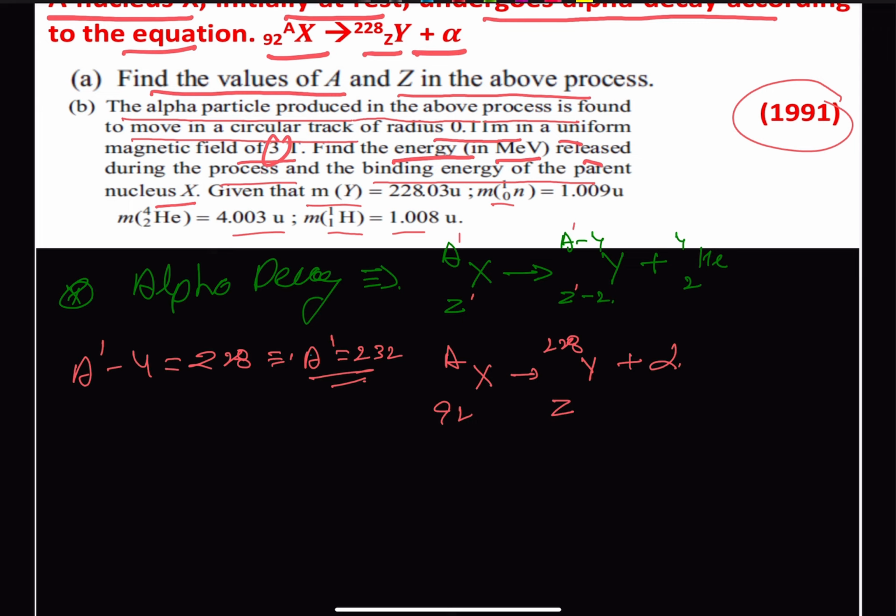And I can write that my Z is equal to Z prime minus 2, so this comes as 92 minus 2 is equal to 90.